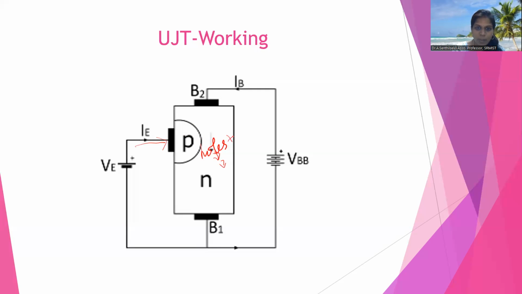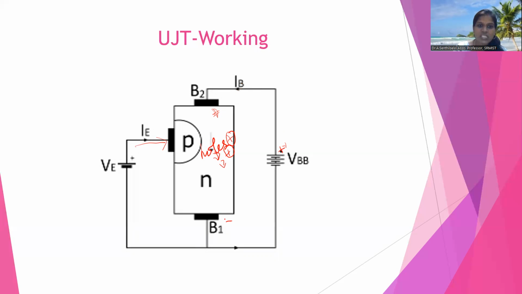Why? The holes are positive. Here it is positive, and this is also positive. Same charges repel each other, and B1 is negative. That's why all these holes are attracted towards B1.